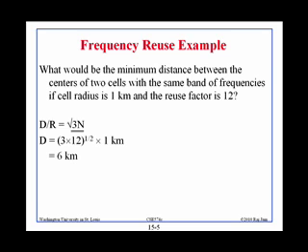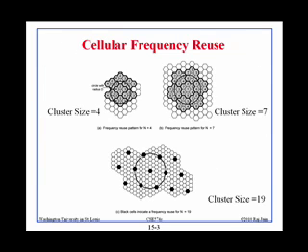Each of these cells has a tower in the center, and that tower is broadcasting some wireless radio wave, and if the cluster size is 7, then this one would be broadcasting the same thing as this one here, just outside the cluster.